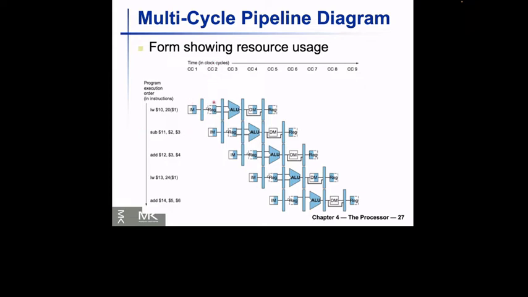In the second clock cycle, the first instruction is using the register. At the third clock cycle, the first instruction is using the ALU to compute the target address. Simultaneously, the second instruction is in the instruction decode stage, so it allocates all the registers.